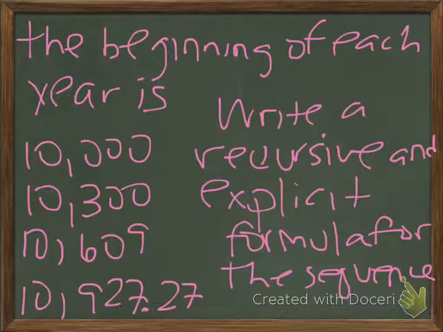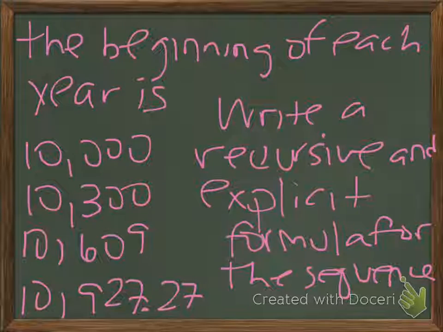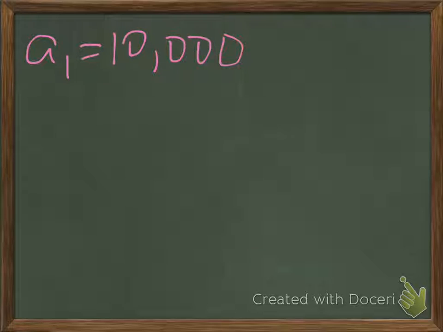So we're going to first, for the recursive formula, the first term is 10,000. So that's our a sub 1 in the formula. N has to be greater than or equal to 2, which is always our domain. And then we're trying to figure out whether this is a common difference or a common ratio.